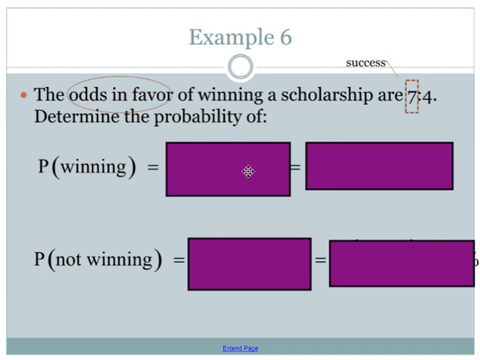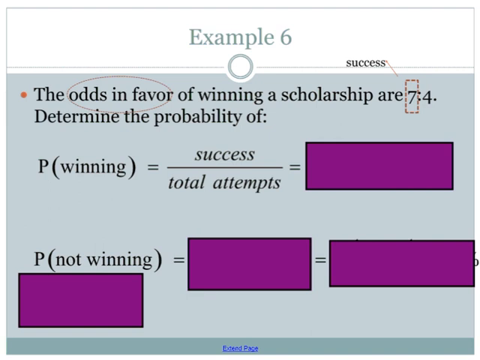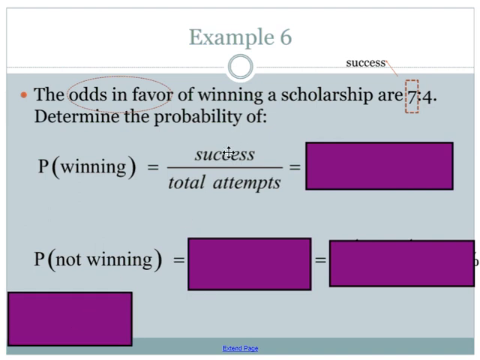First, for the probability of winning, we find the number of wins and divide it by the total attempts. So 7 plus 4 is 11, so 11 is what's going to go on the bottom. And which of these are successes? Clearly the 7 is, because it says odds in favor.